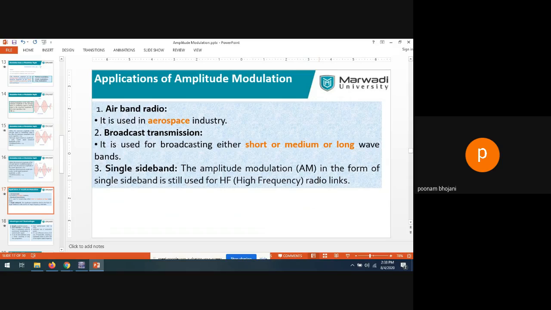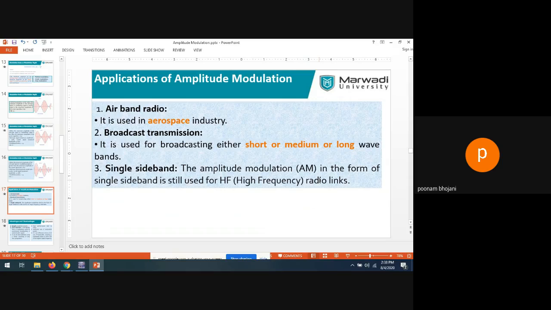But in some applications, they recognized that single sideband sometimes loses some of the information, so they are using an improved version of amplitude modulation, known as vestigial sideband. In vestigial sideband, they send one full sideband and some portion of the other sideband, so that information cannot be lost.